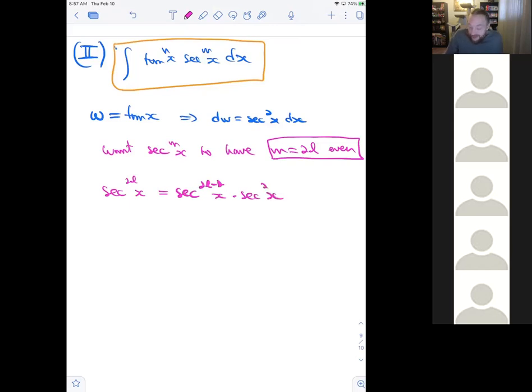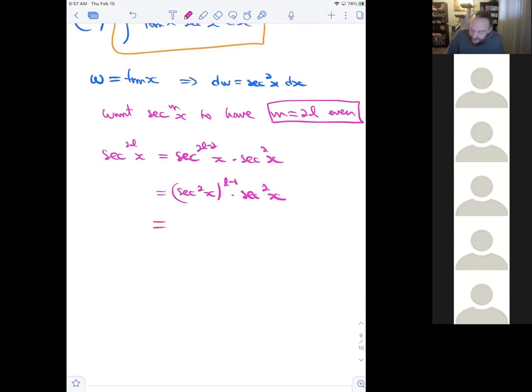I'm going to steal two of them. That's it. I just added 2 and subtracted 2 in my exponent. So 2l minus 2 plus 2, and then I stole 2 of them. And then I can write this as (secant squared x) to the l minus 1 times secant squared x.